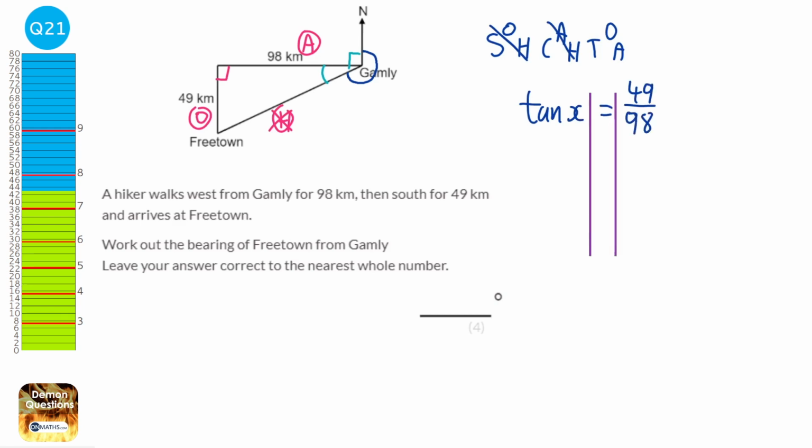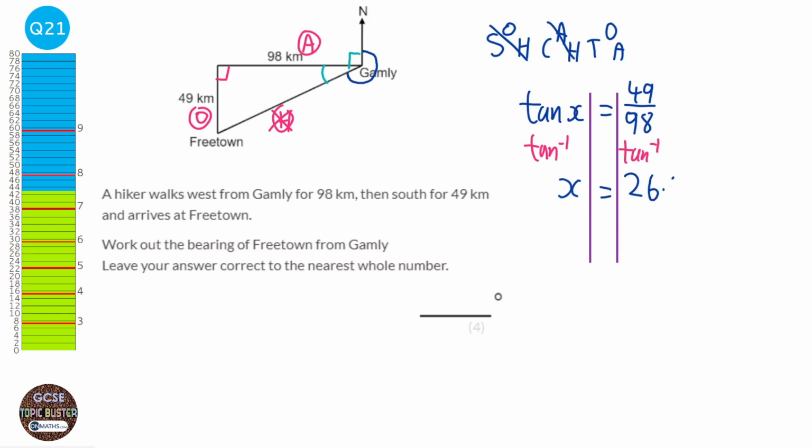Get our lines in. And we're going to do the inverse tan to both sides. So we get x equals, and we do inverse tan, which is 26.565. Okay, so we know that the whole of the way around up until this point is 270 because we've got this 90 degree left.